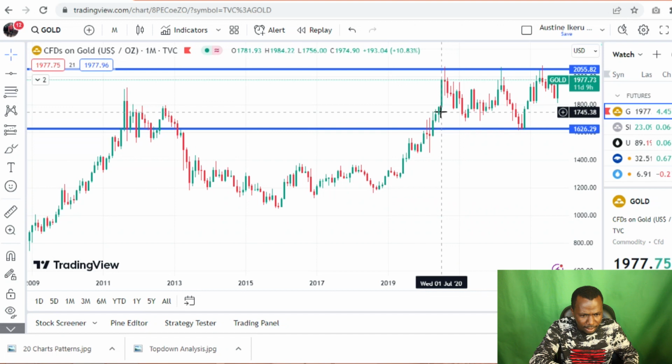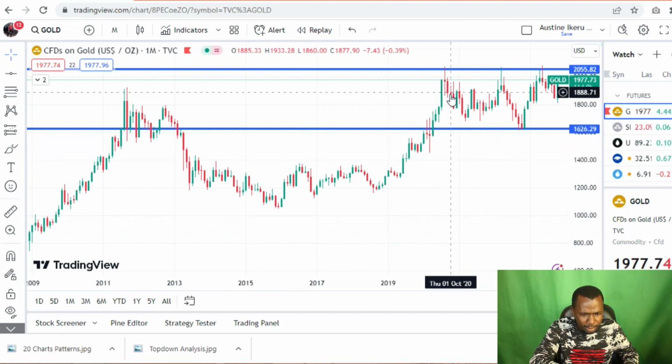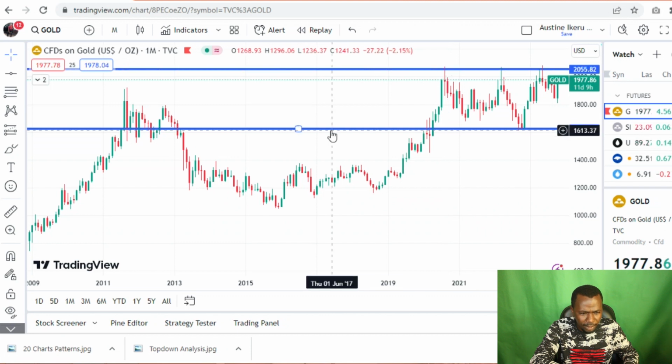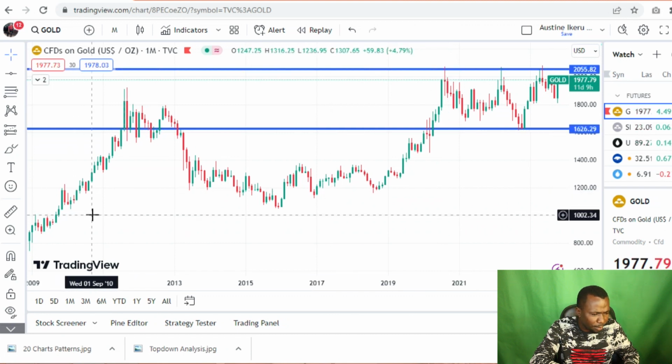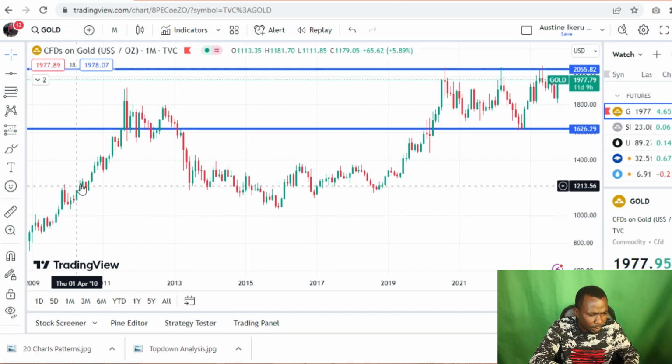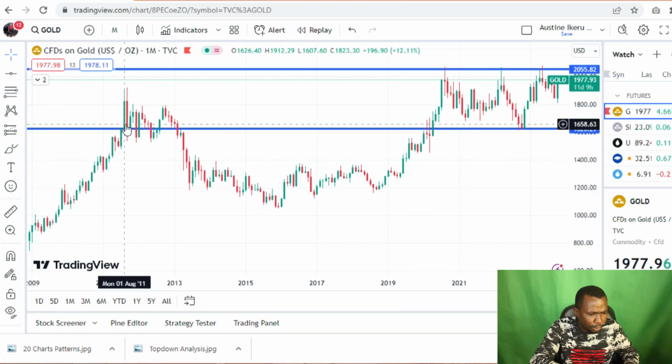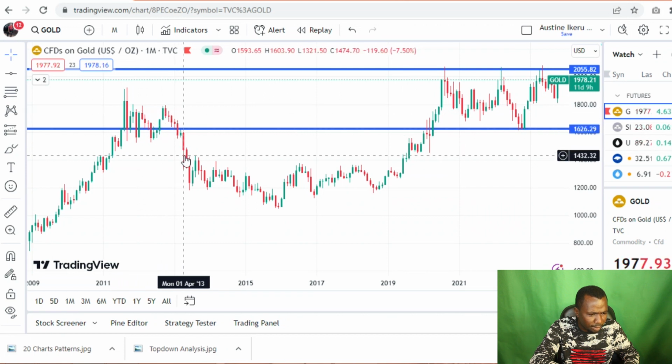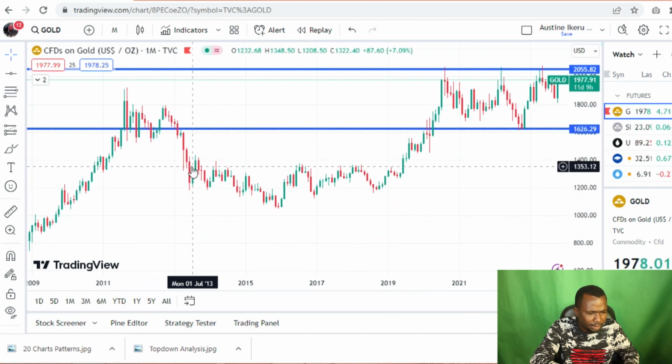This is when the price reached this key level, this resistance level. The price was clearly in an uptrend, going up, going up, then got to this level, then reversed back. Came to this level, went up a little bit, then came down again.